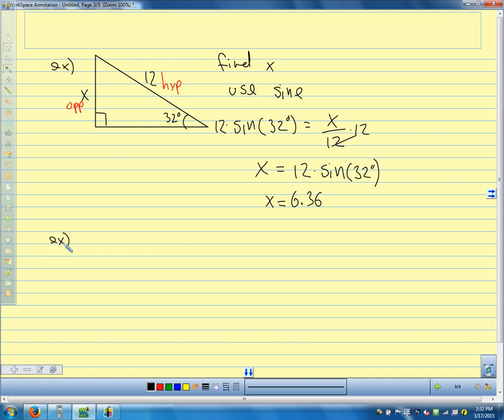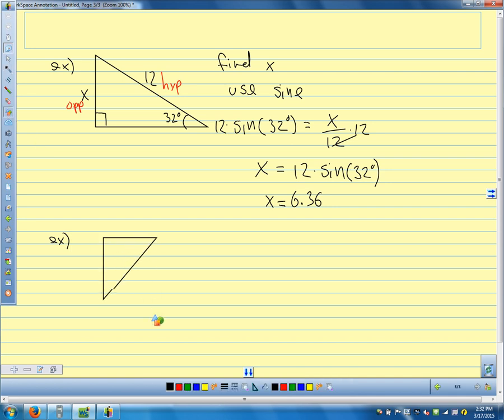So let's look at another one. So here is our setup for this one. 90 degree angle.